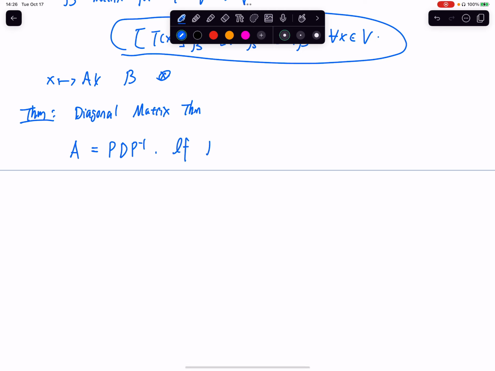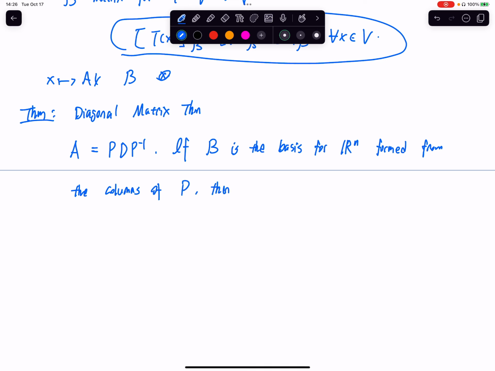And if B is the basis for R^n formed from the columns of P, then D is the B-matrix for our transformation x maps to Ax.